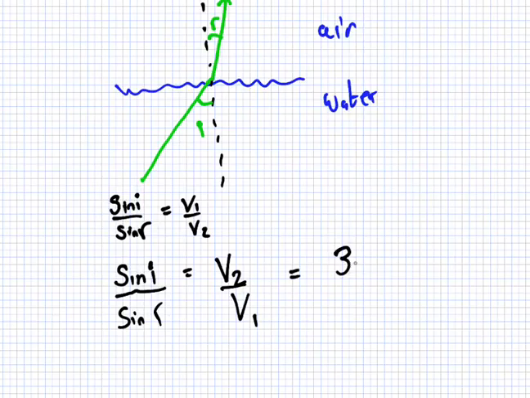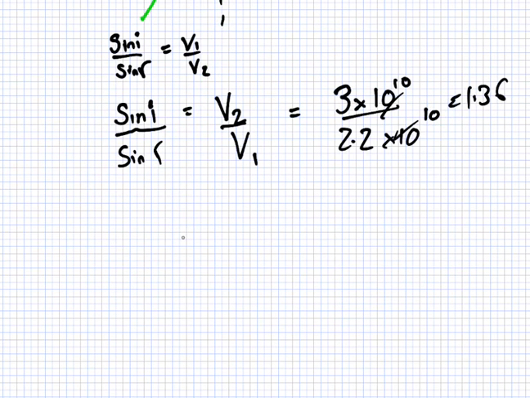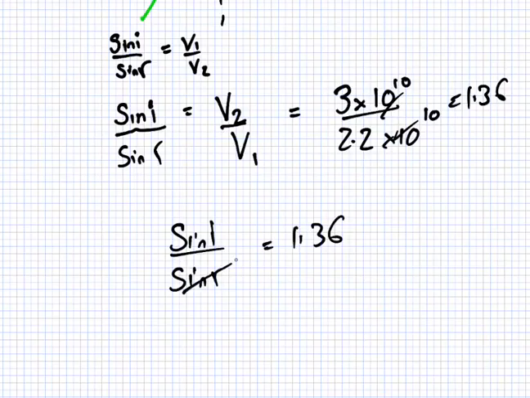So what is the V2, please? 3 times 10 to the power 10 over 2.2 times 10 to the power 10. 1.36. Yeah, 1.36.